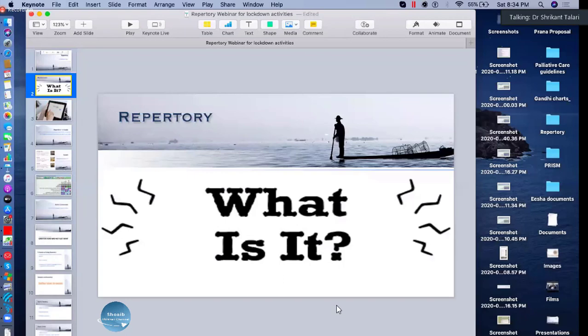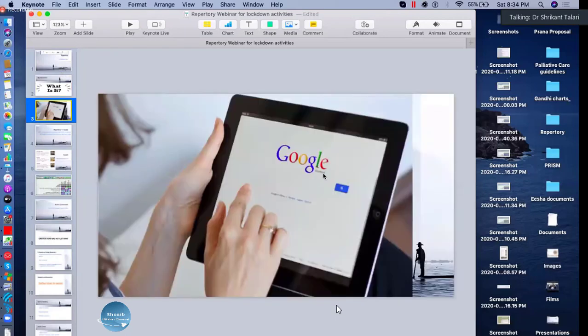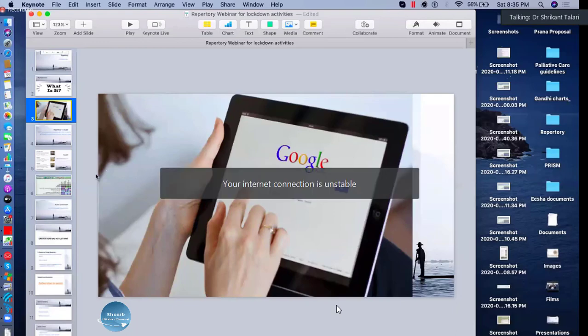So in today's language, it is very similar to something like Google, where again there is a huge amount of data available on the internet around us, which we don't know and which we want to find. And whatever we want to find now, we always use Google today. So for example, I would like to compare Google to repertory.